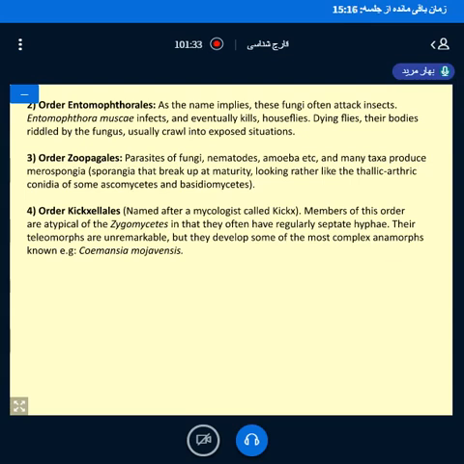Many taxa produce merosporangia. Merosporangia are sporangia that break up at maturity, looking rather like the thallic arthroconidia of some ascomycetes and basidiomycetes.